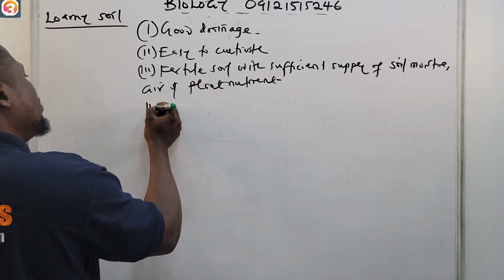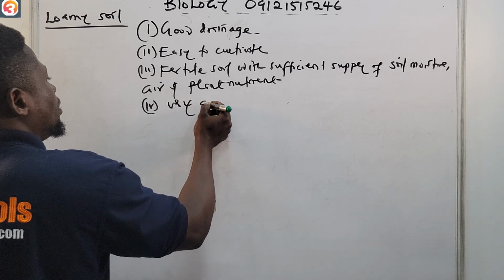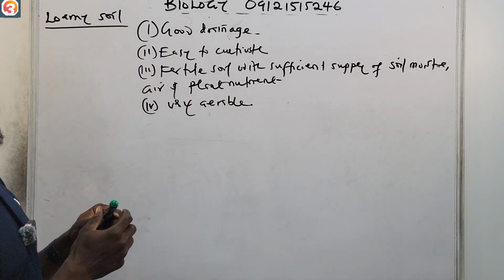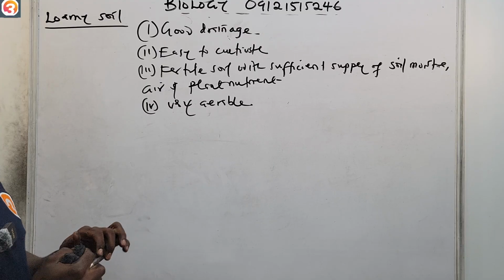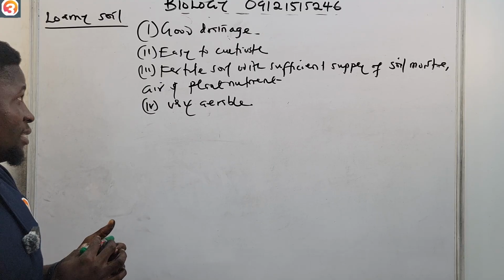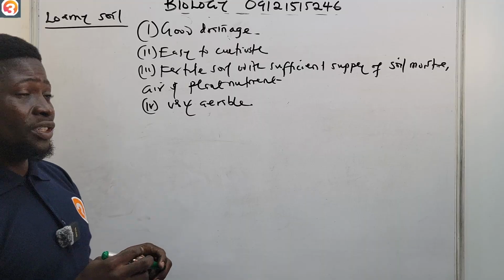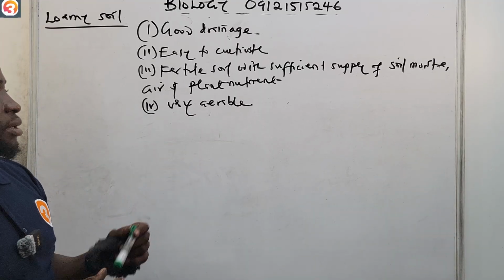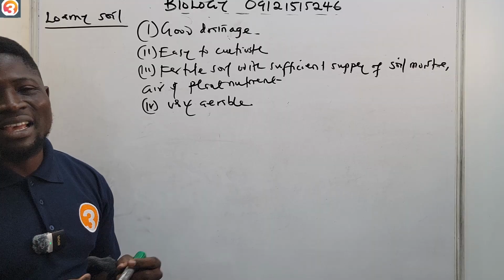And number four, they are very arable. So these are some of the characteristics of loamy soil: good drainage, easy to cultivate, fertile with sufficient supply of air, soil moisture, and plant nutrients, and very, very arable.